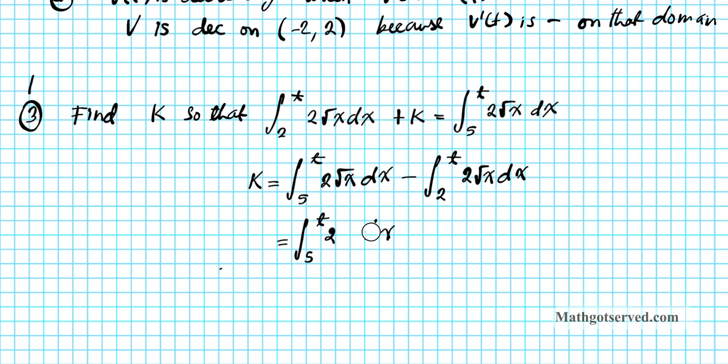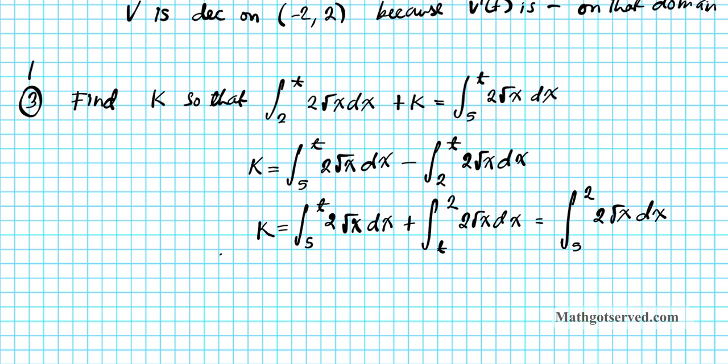And then we're going to switch the order of the other one, 2 root x dx, plus the integral from t to 2 of 2 root x dx. So this now becomes the integral, we can now combine them together, from 5 all the way to 2 of 2 root x dx. That's what k is equal to.